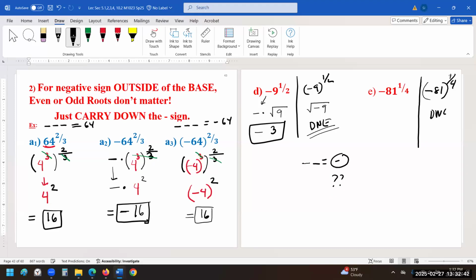This one doesn't exist because they're asking to find the same number 4 times and gives you -81. 1, 2, 3, 4 cannot be negative. It always has to be positive. Whether you take a positive number or negative number doesn't matter. If you multiply 4 times, then it has to be positive.